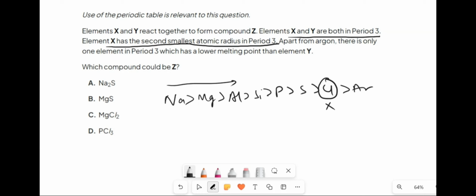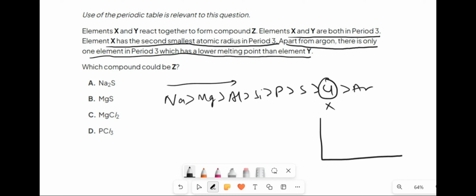Let's look at the next part of the question, which says apart from argon, that means except argon, there is only one element in period 3 which has a lower melting point than element Y. Looking at the trend in melting point, it increases from sodium to magnesium, from magnesium to aluminium, and from aluminium to silicon.